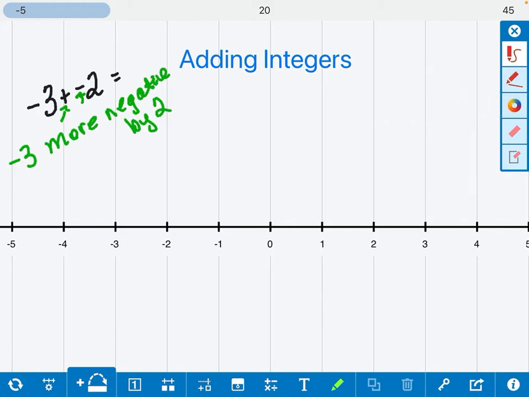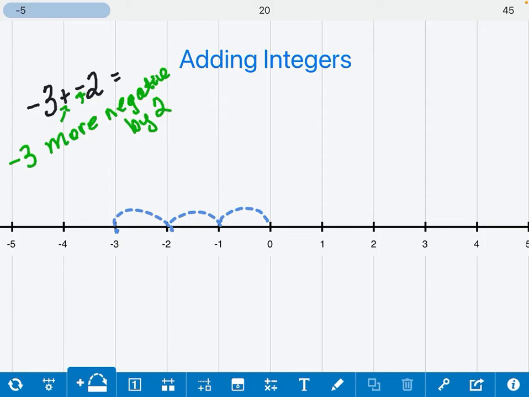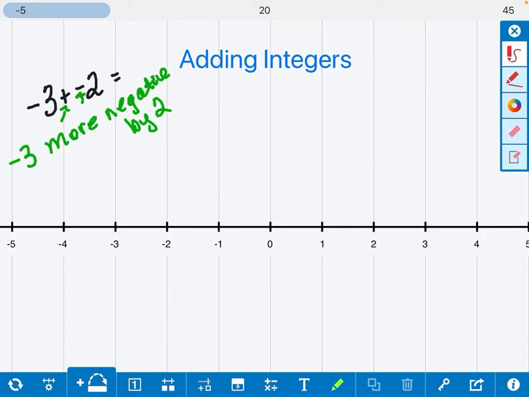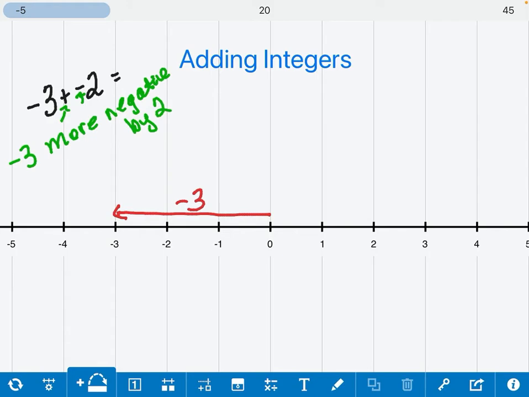Okay, so we change our pen to red. We know we start at 0, and we want to go to the negative 3. So 1, 2, 3. So we're at negative 3. So 0 to negative 3. The line's going to the left. And then we want to get more negative. So if we want to get more negative, we're right here.